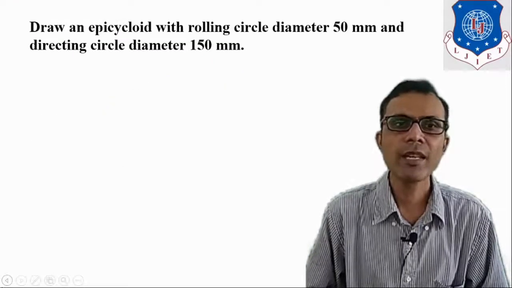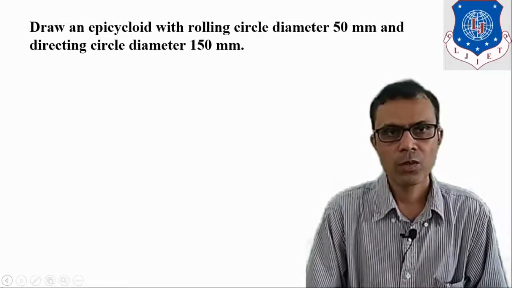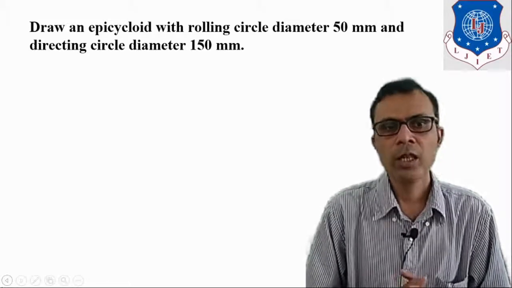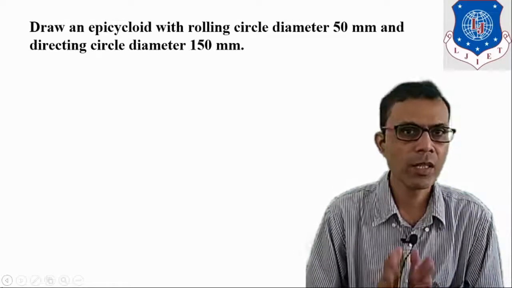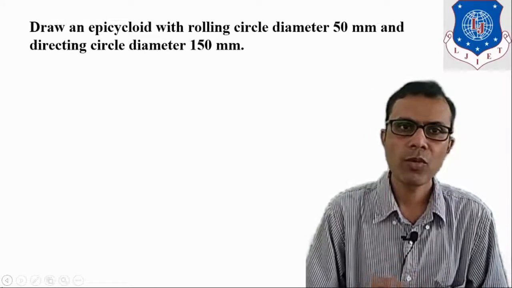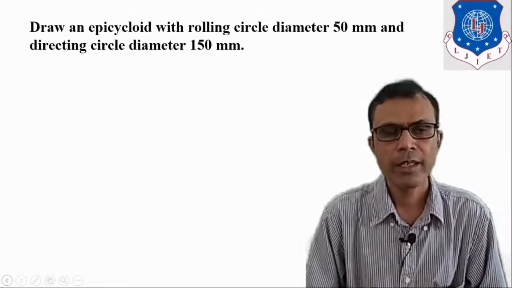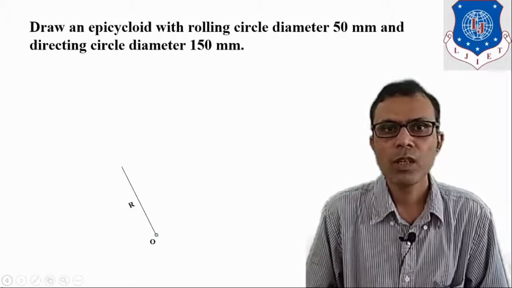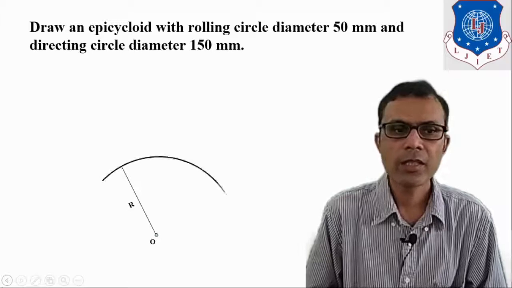Let's now see one example of how an epicycloid can be drawn. The given data is: draw an epicycloid with rolling circle diameter 50 mm and directing circle diameter 150 mm. So the radius of the rolling circle is 25 mm and the radius of the directing circle is 75 mm. First of all, let's draw the directing circle with capital R, radius 75 mm.